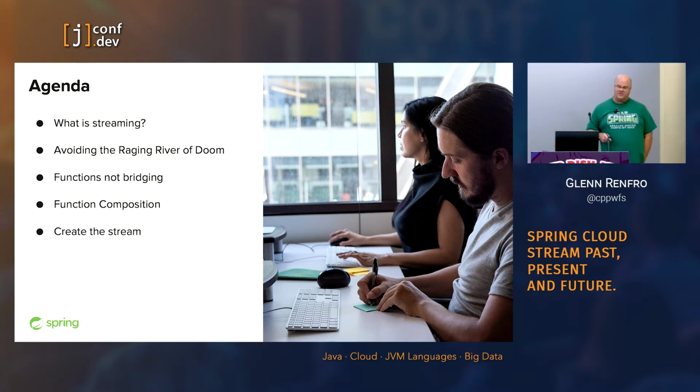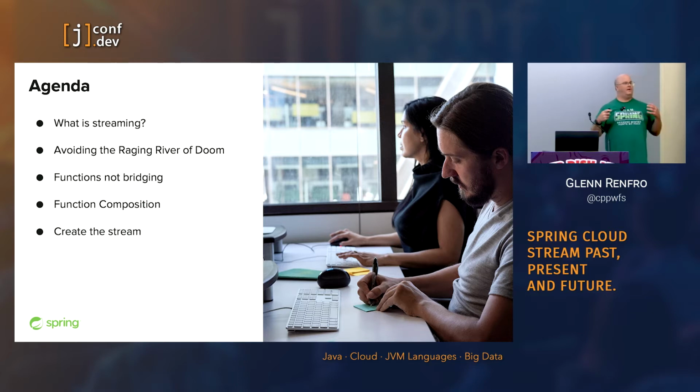We're going to be talking about functions, not bridging. Oftentimes when we talk about messaging frameworks like Kafka, Kinesis, Google PubSub, RabbitMQ, we also think, okay, I've got to solve my problem, then I've got to connect up to this messaging framework, right?